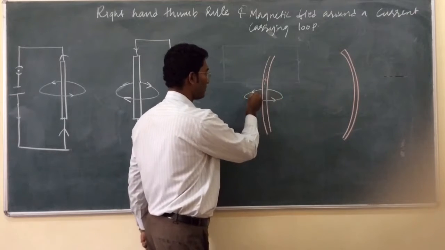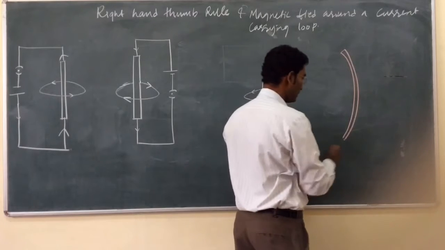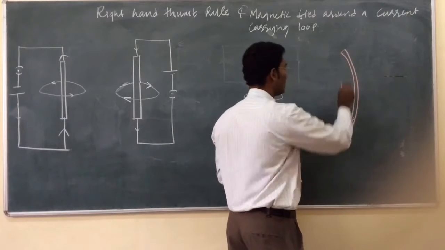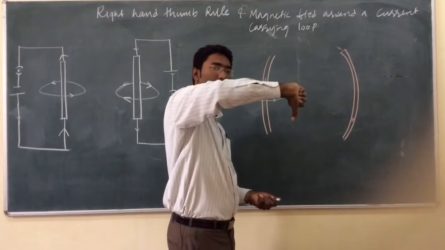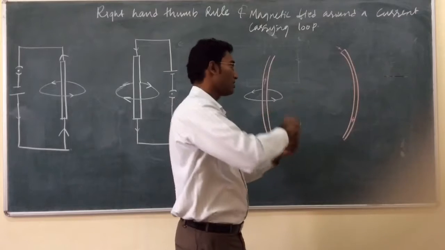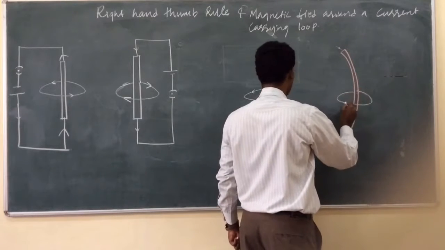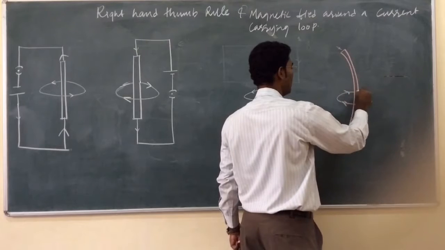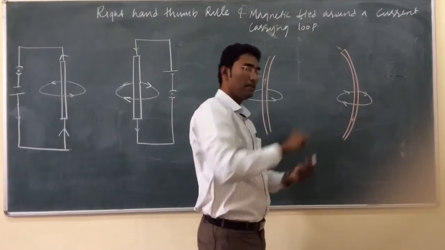The direction of the magnetic field will be like this. If I hold this conductor and the direction of the current in this conductor is down, then if I hold this conductor in my right hand, the direction of the magnetic field will be like this. You can see here, the direction of the magnetic field will be like this.